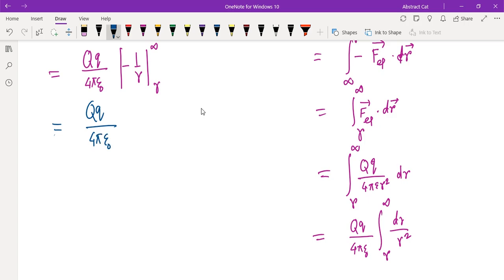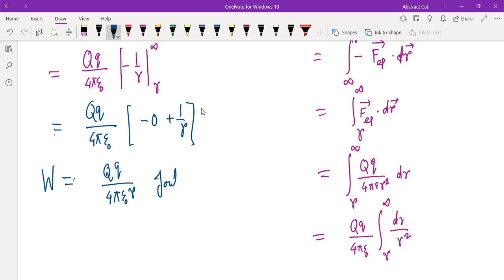So putting in the limits, we get 1 by infinity is 0, minus minus, plus 1 over r, so capital Q small q over 4 pi epsilon naught times r, that's the work done, and the unit is joules.